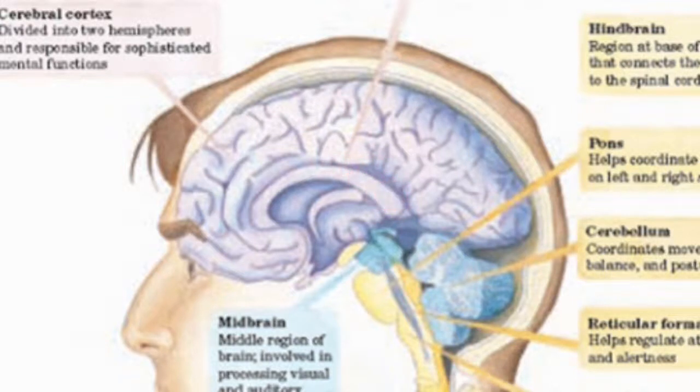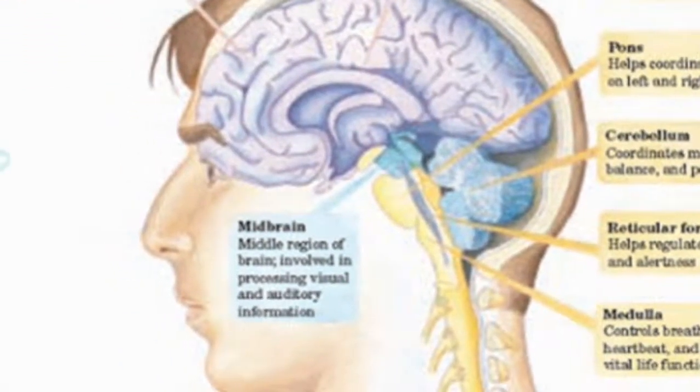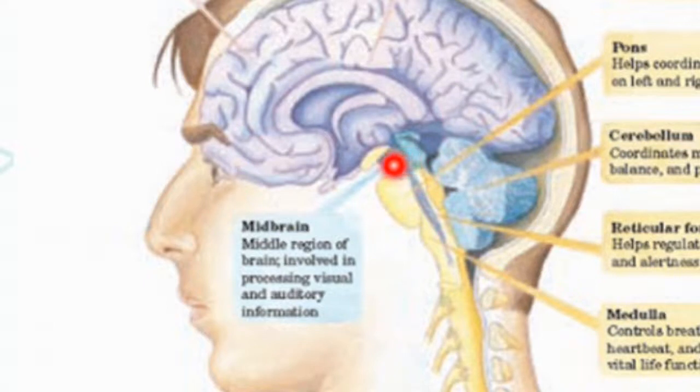And after the cerebral cortex, there is the midbrain, which is the middle region of the brain involved in processing visual and auditory information.